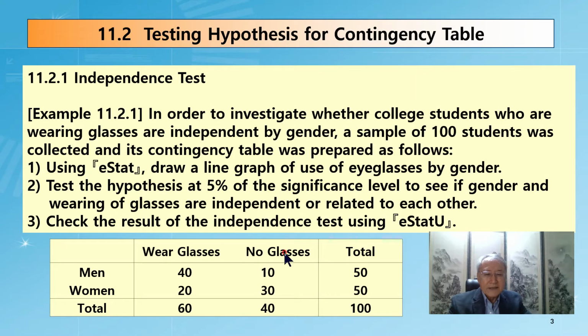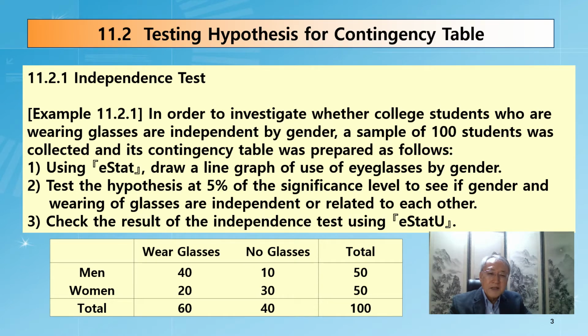Considering two kinds of variables, you have two categorical data, and you check the frequency. We call this a contingency table or cross table. We are curious to know whether gender and wearing glasses are independent or not.